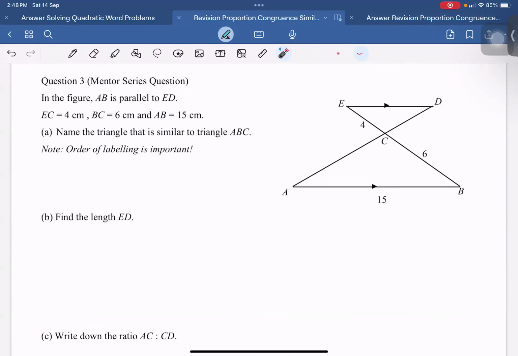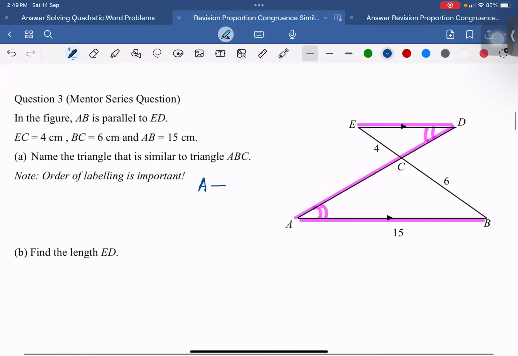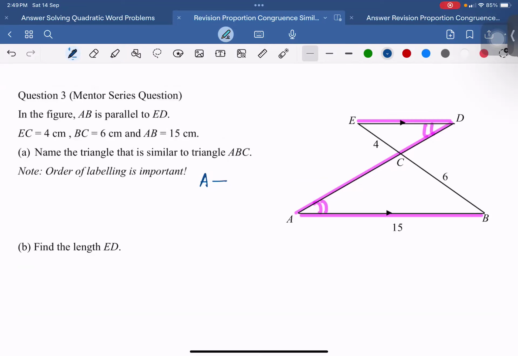Inside this figure, AB is parallel to ED. What kind of angle property do you have? Z, alternate angles. Yes, correct. So in this case, can you tell me A matches with which point? D. I will draw a smaller one in this shape.